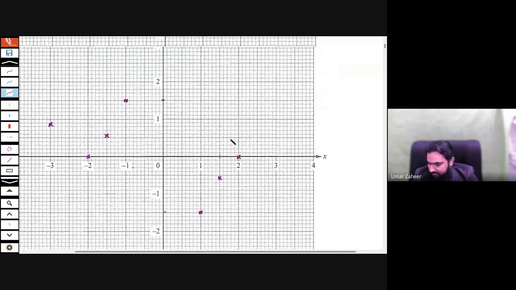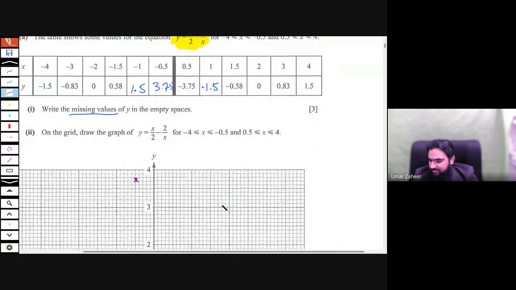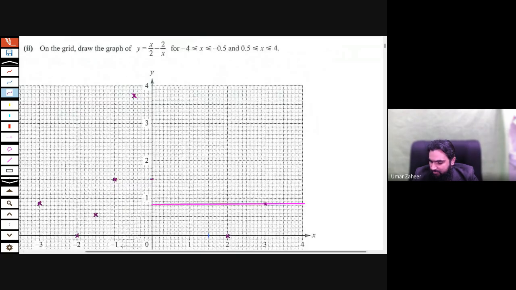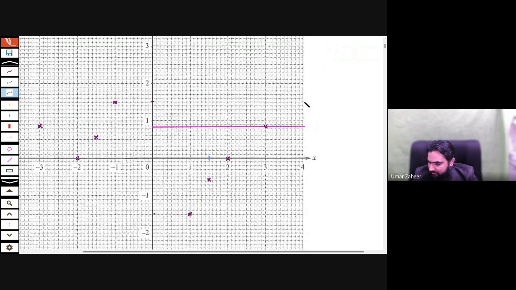At 3, 0.83, a little bit above 0.8. Now the last point, 4, 1.5. We get the graph. Yes, everyone, any question up to here?